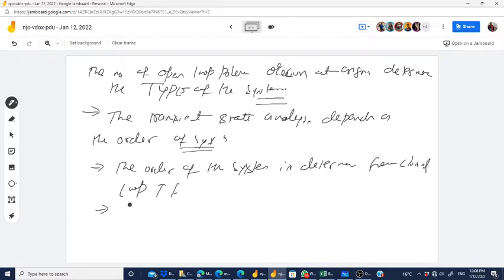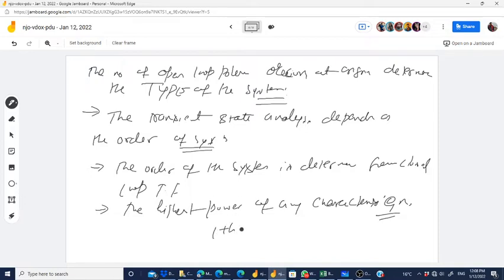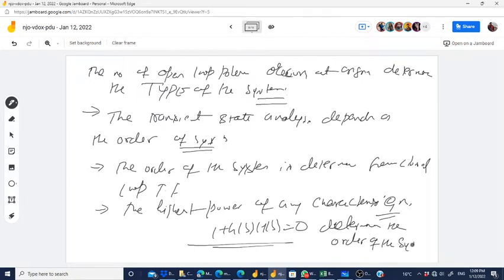It is the highest power of the characteristic equation, that is 1 plus G(s)H(s) equal to 0. The highest power will determine the order of the system.